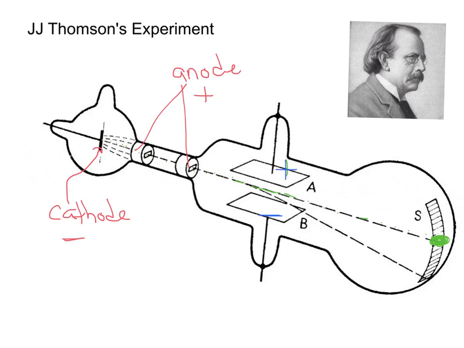They wanted to see how these particles, or rays as they called them, would react to the presence of an electric field. You can see this second dashed line indicates what happened when they turned the voltage up on plates A and B. I drew it backwards, so we're going to go opposite of what the drawing currently has.